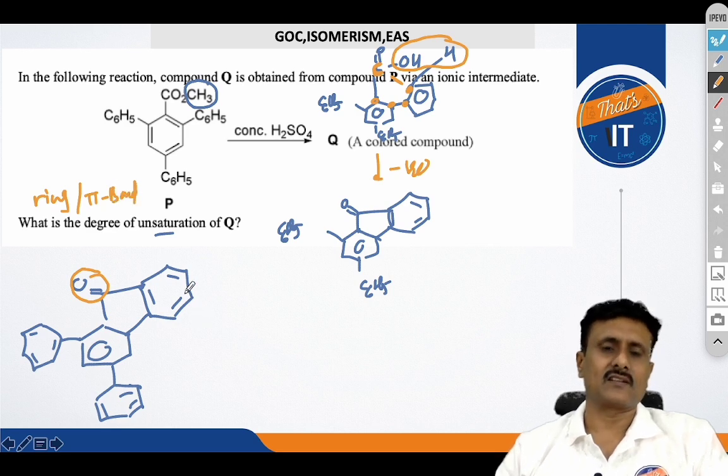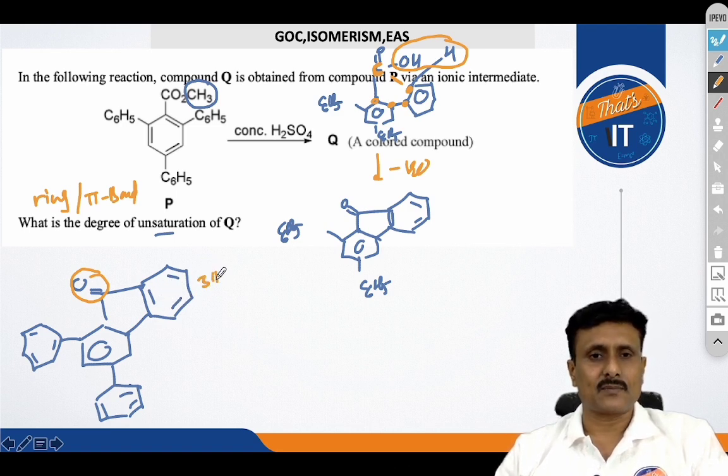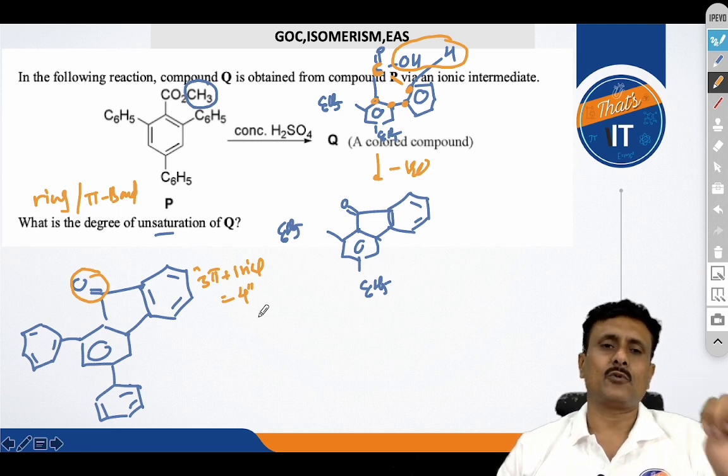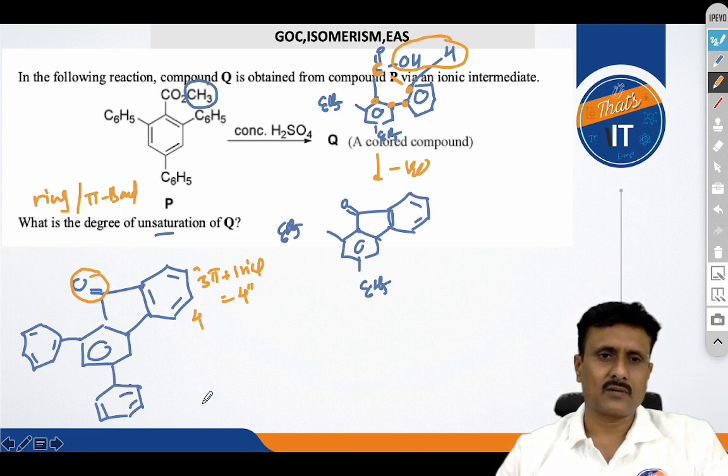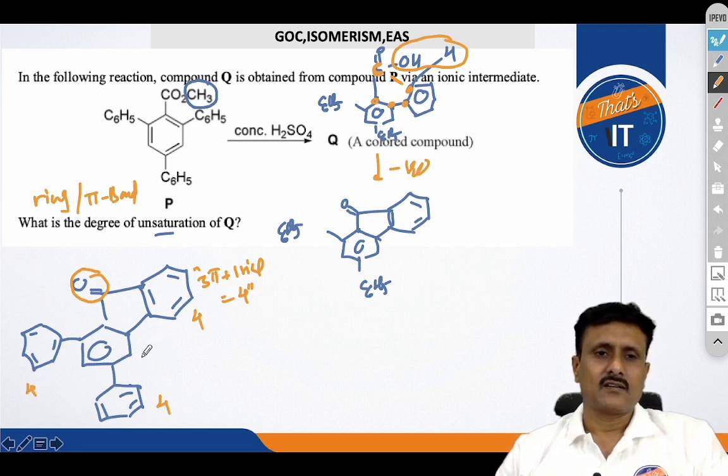You know that benzene has 3 pi bonds. So, each benzene has 3 pi bonds plus 1 ring. That is, each benzene ring contributes to the degree of unsaturation by 4, right? So, you can see benzenes 1, 2, 3.